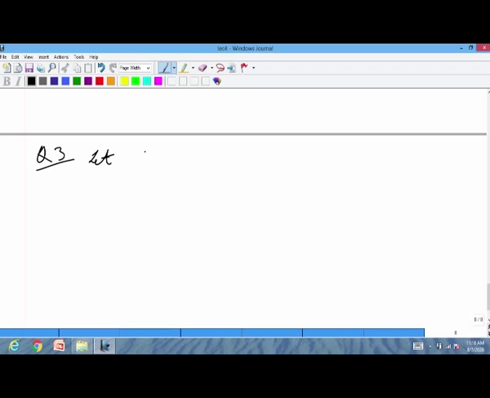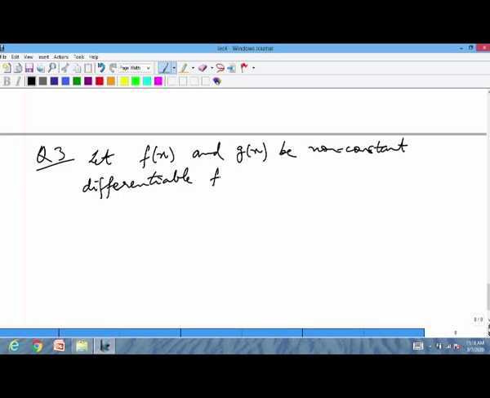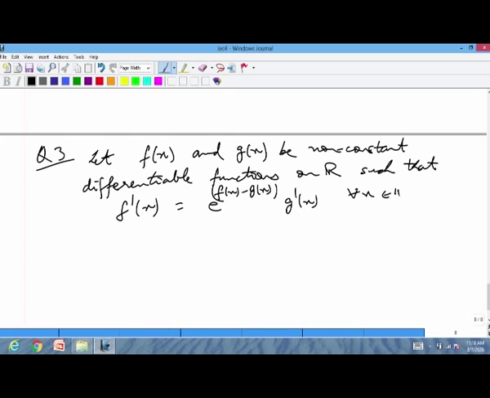Let f(x) and g(x) be non-constant differentiable functions on R such that f prime of x is equal to e to the power (f(x) minus g(x)) times g prime x for all x in R, and f of 1 equal to g of 2 equal to 1.